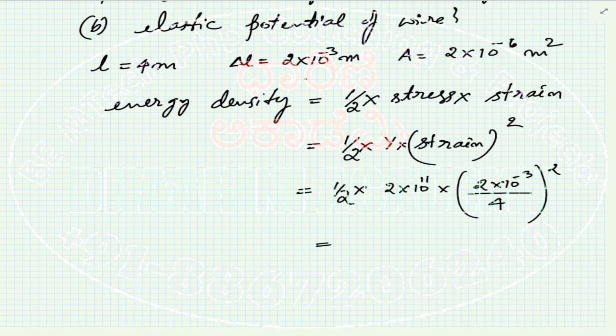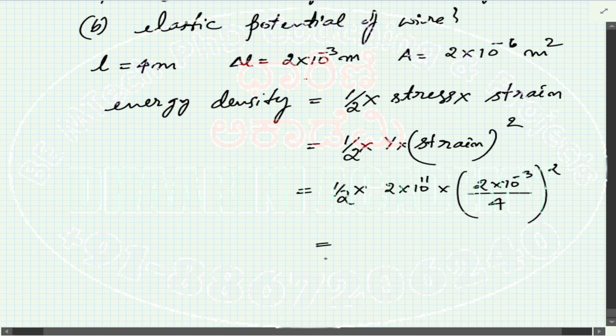Okay, let's do that. So half into 2 into 10 to the 11, into 2 into 10 to the minus 3 by 4, the whole squared.